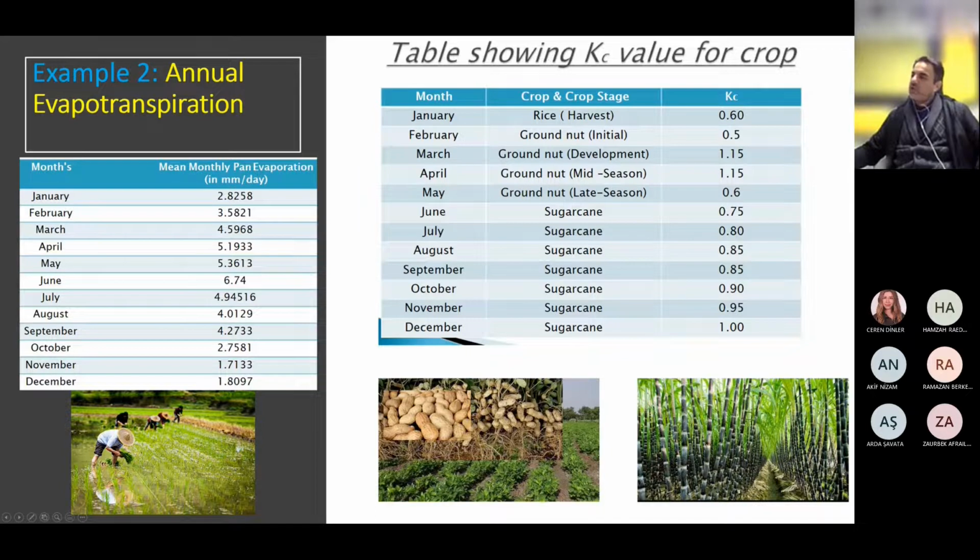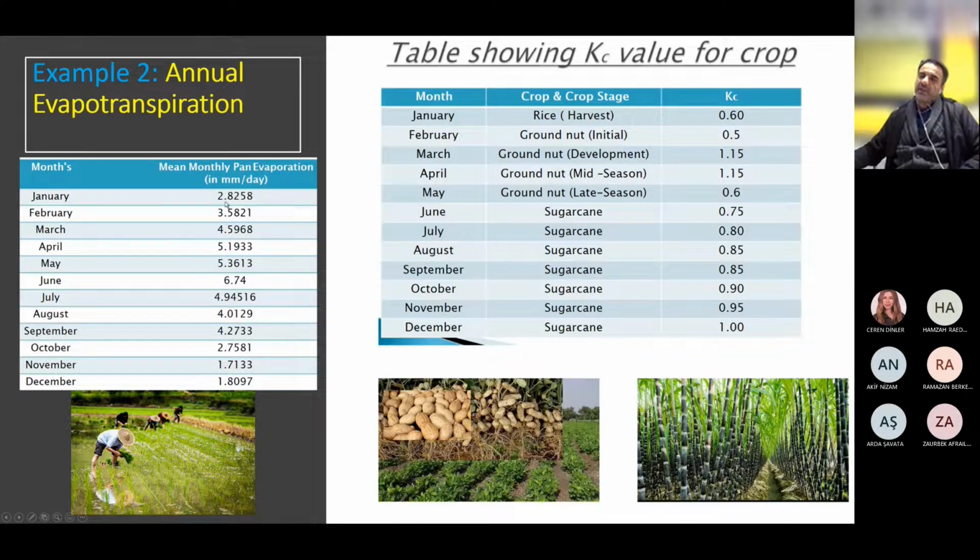Okay, so these are Kcs, the standard factors for those crops. And here you see the monthly pan evaporation. What is the monthly pan evaporation? It is the sum of the daily evaporation, which finally is averaged over a month.